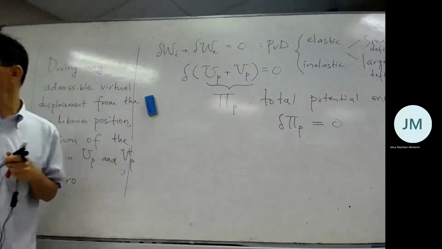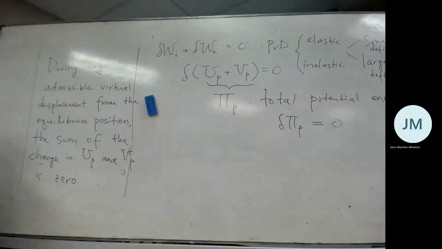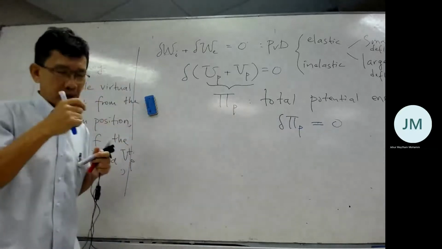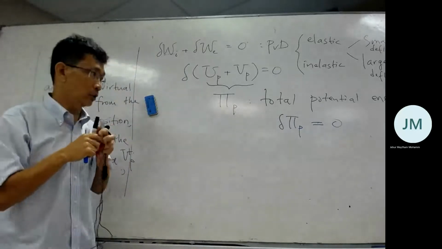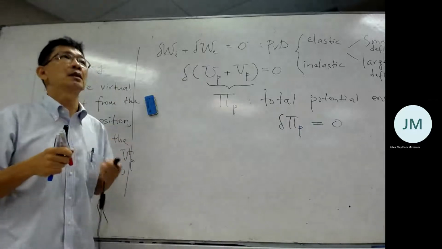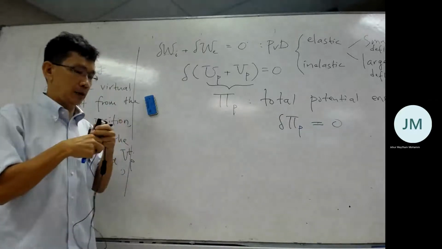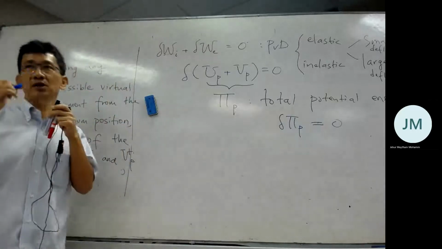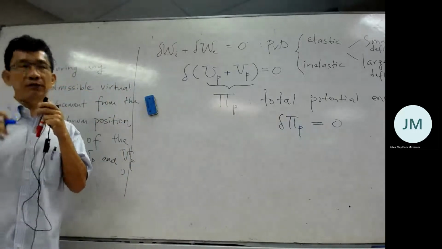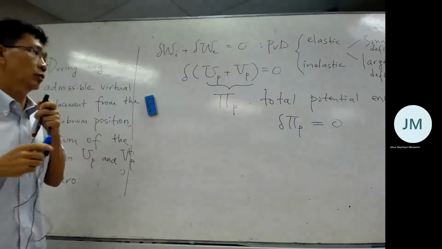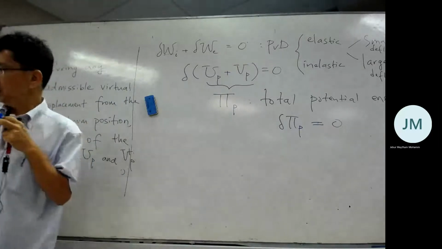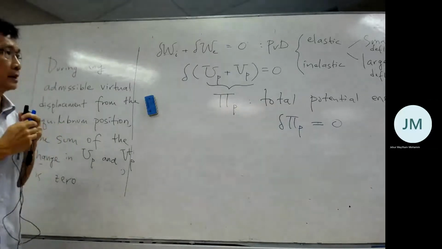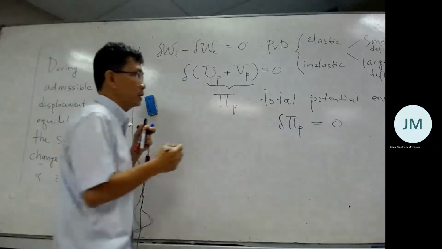Now, when we talk about the change of something equal to 0, you can understand this as follows: if you imagine this pi P as a function, then the change of that function equals 0, meaning that there is a point.